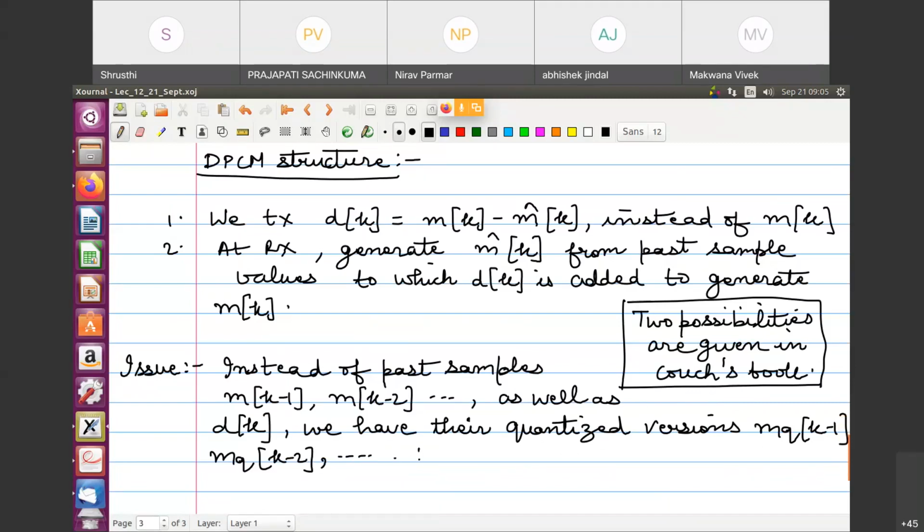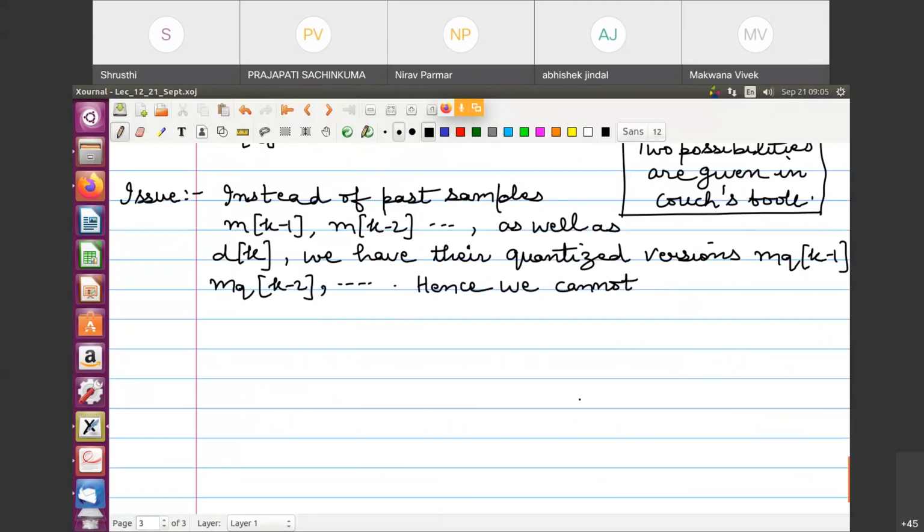So hence we cannot determine m q of k. That is a problem.